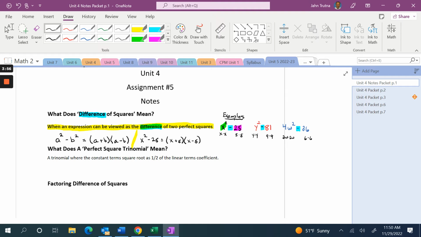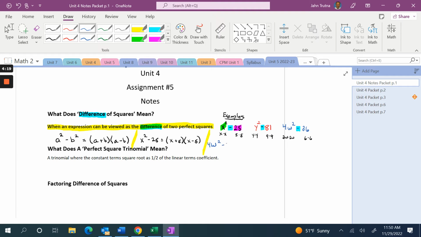Okay, so the difference of squares is just a special kind of expression that, if you recognize it and you know the pattern on how to factor it, you can factor without doing any work at all. So let's take 4w squared minus 36.